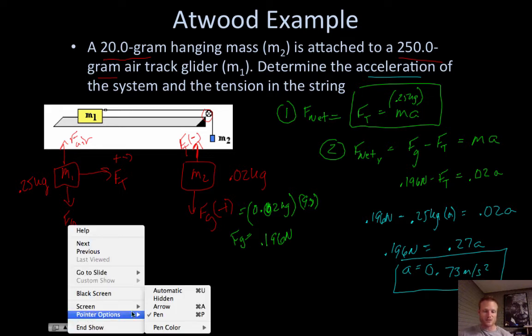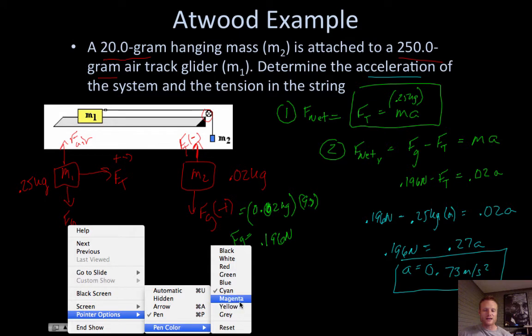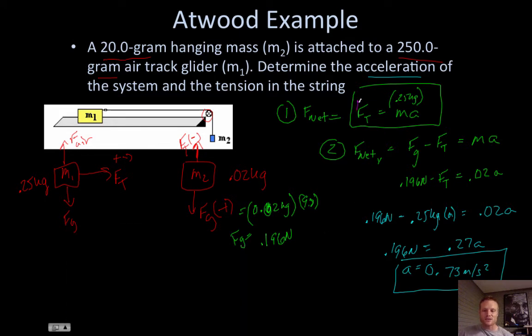I'm going to change colors one more time. I'm going to go back and look at my equations, and I really like this equation right here because the tension's the same everywhere. The tension here is the same as the tension here, so there's no difference in it. If I use this equation and I know the mass and now I know the acceleration, I can find F sub t.